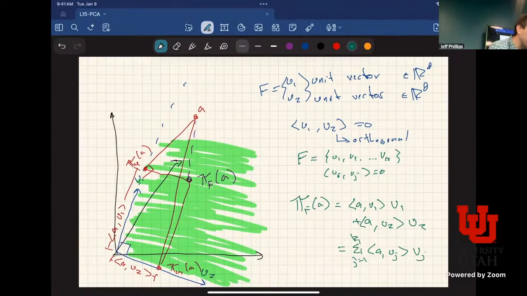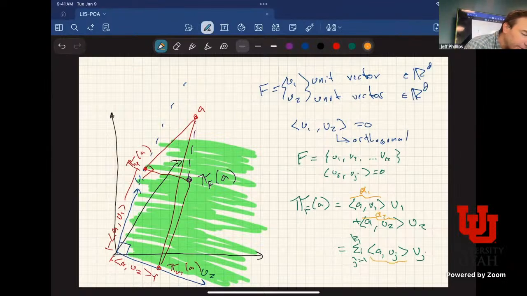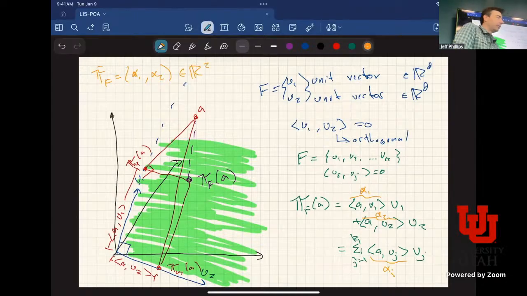What's neat here is I can write this term as alpha 1 and this term as alpha 2, and in general, this term as alpha j. And now I can also write pi of f bar equals alpha 1, alpha 2, and now this lives in R2.